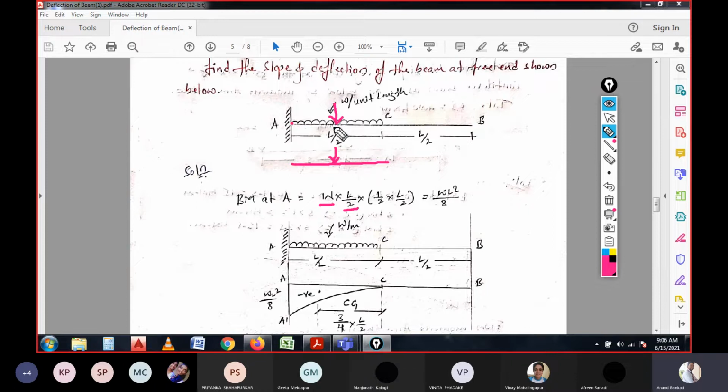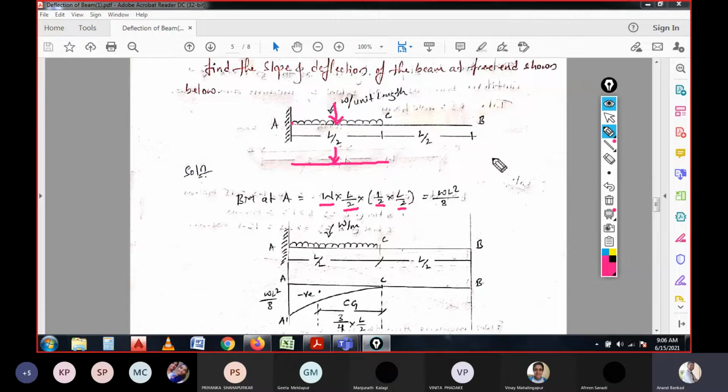The distance from this load to the point where we are calculating the moment is half of the span, that is L by 4, since the span is L by 2 here. It is nothing but what I have written, W into L by 2.